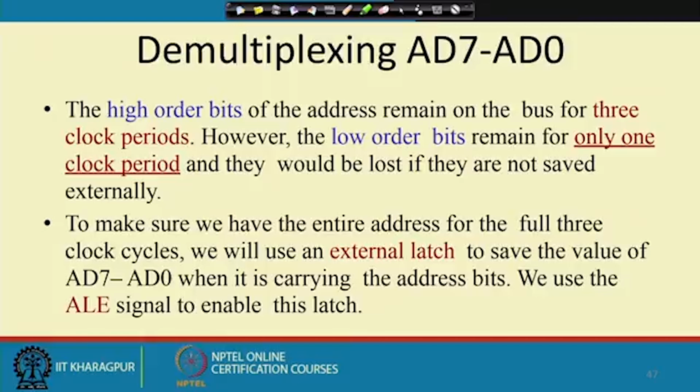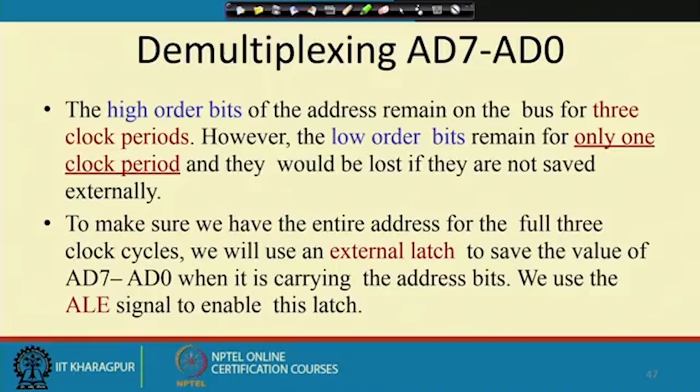We will see later that when 8085 is trying to access memory, it needs 3 clock cycles, starting from the point at which the address is put onto the address bus till the memory puts the data onto the data bus and the value comes to the processor. In the first clock cycle, the higher order address bus will have the address bits A8 to A15, and the lower order address bus will have the value A0 to A7.